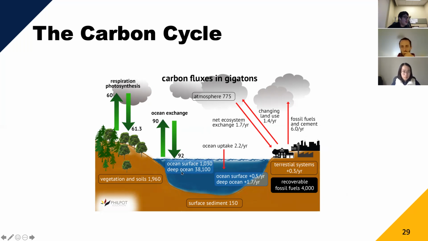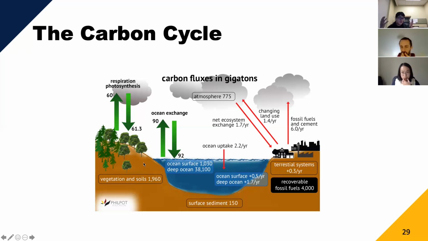So on the natural side of things, you have a set of exchanges of carbon, mainly through carbon dioxide, where respiration of living organisms will emit CO2. So that's the arrow going out into the atmosphere, and then photosynthesis will take in CO2.